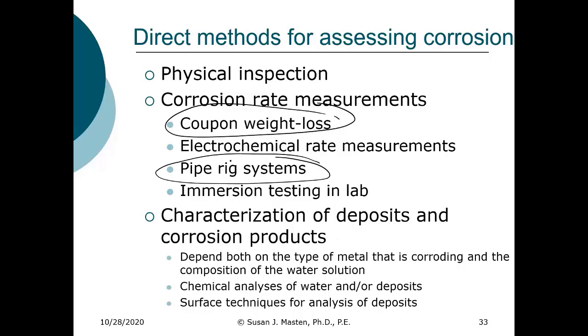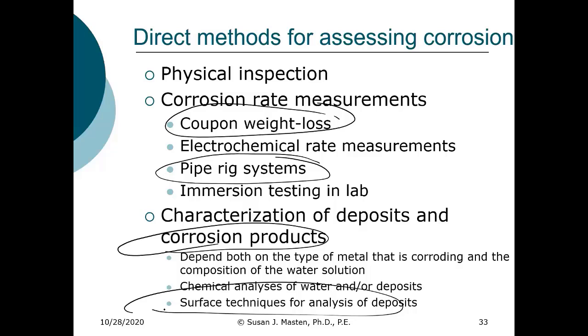So they have a rig system set up with coupons in the circulating pipe. They can also look at the pipe itself. They can look at corrosion products to try and assess whether they have corrosion, and they can use various surface techniques to analyze the deposit. So all of this is done to assess corrosion.